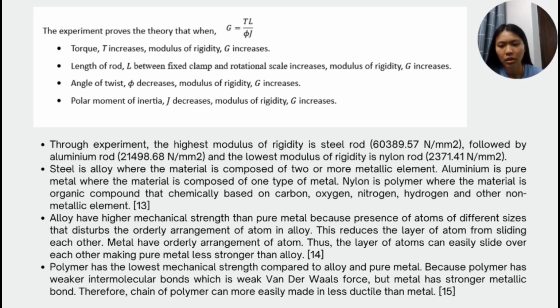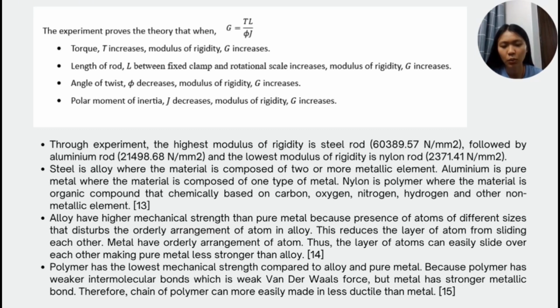Through the experiment, the highest modulus of rigidity is the steel rod, followed by the aluminum rod, and the lowest modulus of rigidity is the nylon rod. This is because steel is an alloy, where the material is composed of two or more metallic elements. Aluminum is a pure metal, where the material is composed of one type of metal.